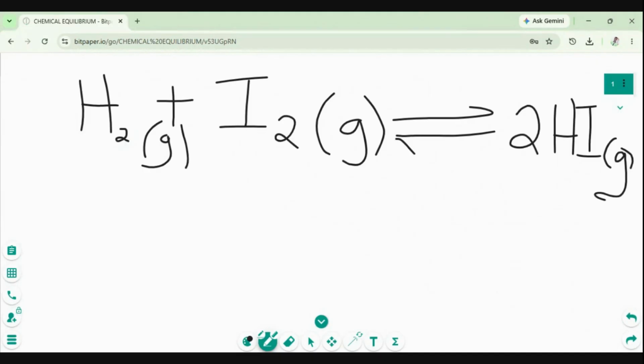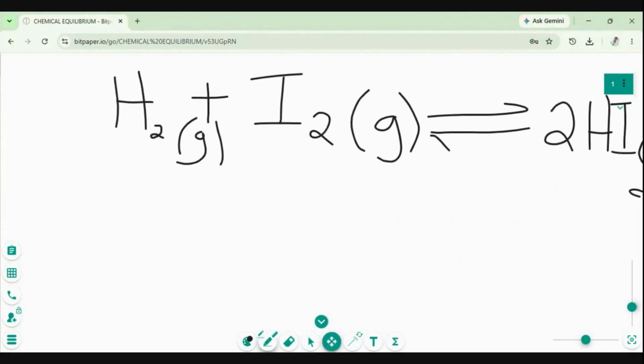This is what we are always going to be thinking about: what I normally call the ice table.